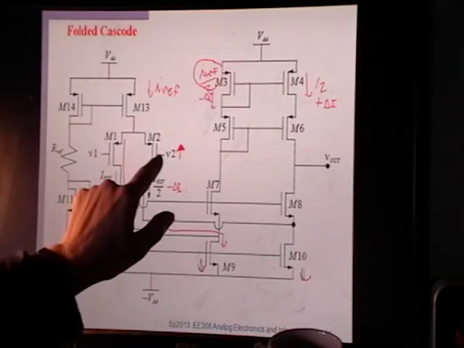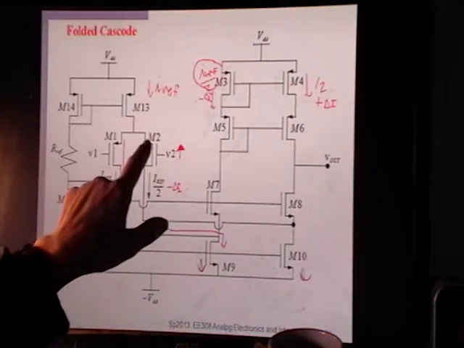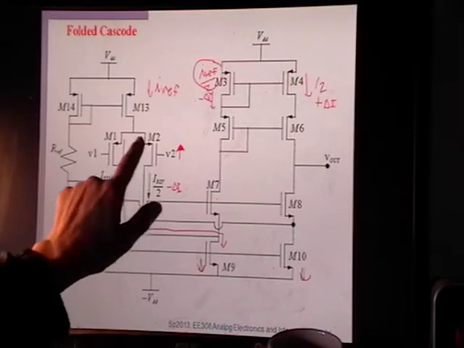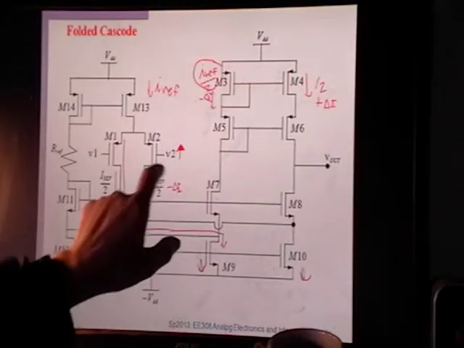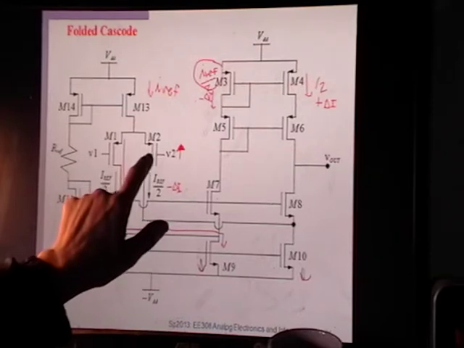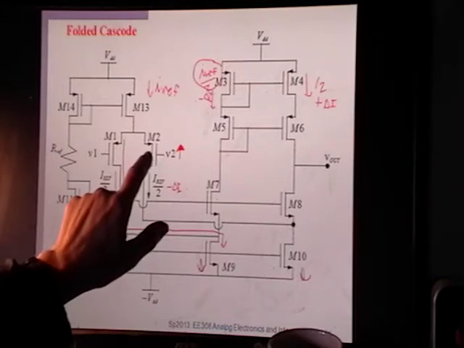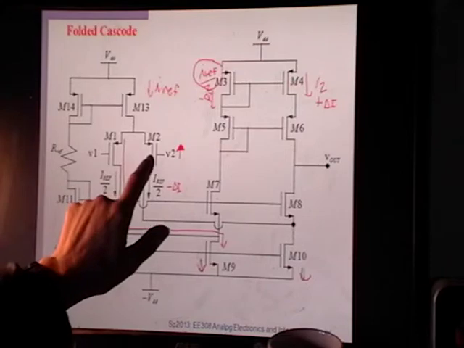Then the GM for your whole amplifier is almost always, if not always, the GM of your input transistor. So your GM for this amplifier would be the GM of this transistor right here. And the gain is always big GM times big R out. So big GM is just the GM of this transistor.